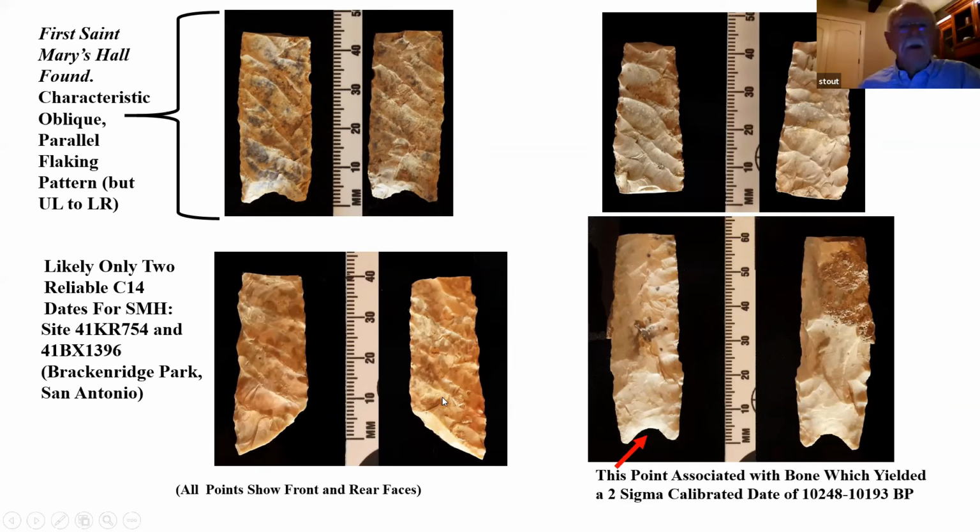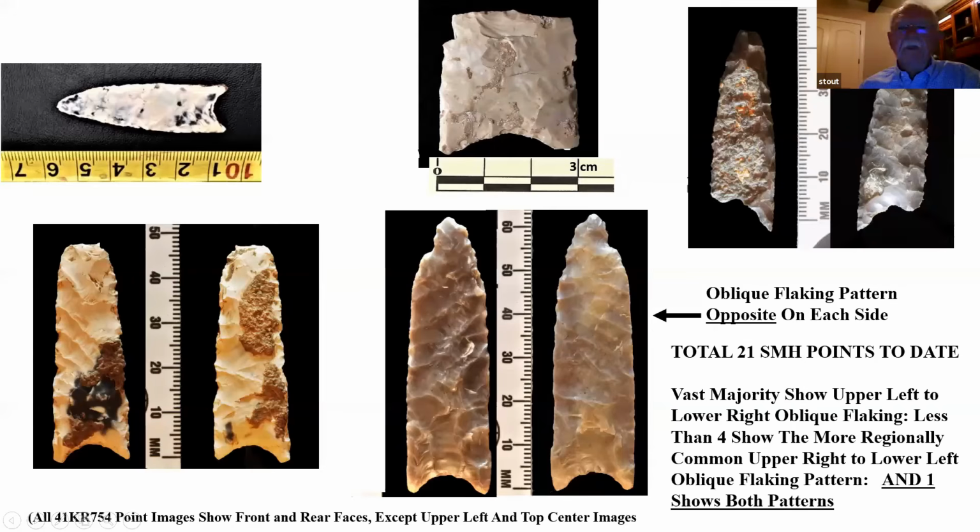Okay. So these are just some other examples of the ones we found. Probably the best one we found is that one right in the center. It's the largest one, just about 6 centimeters long. And the flaking style on one side of it is different than the flaking style on the other. Dr. Thomas Hester said he's never seen one like this.